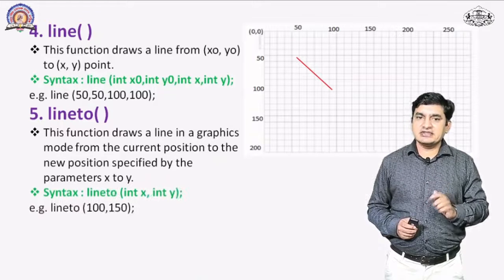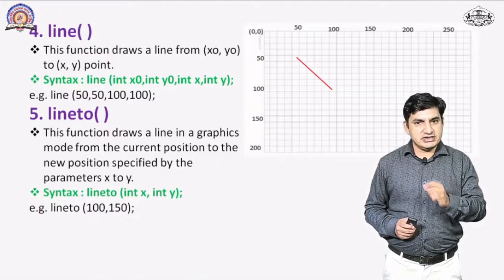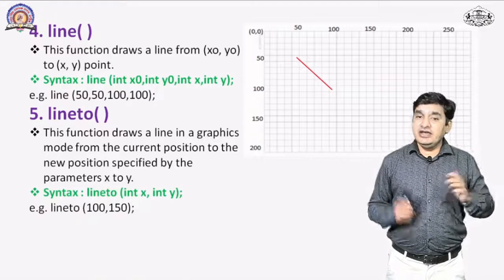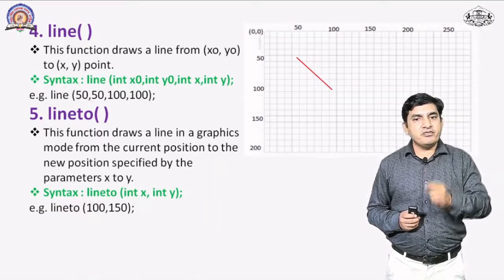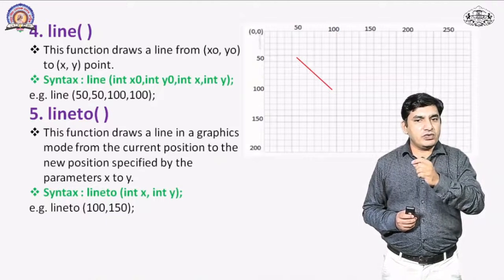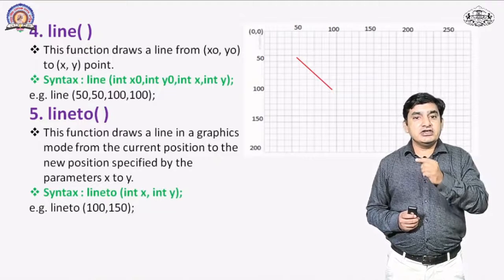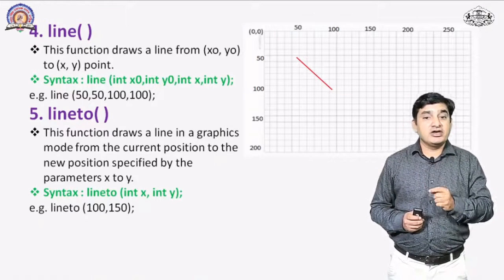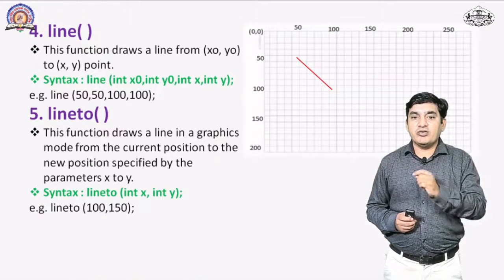The syntax is lineto(integer x, integer y). It indicates that the line starts from the current location and its new position coordinates are x and y.